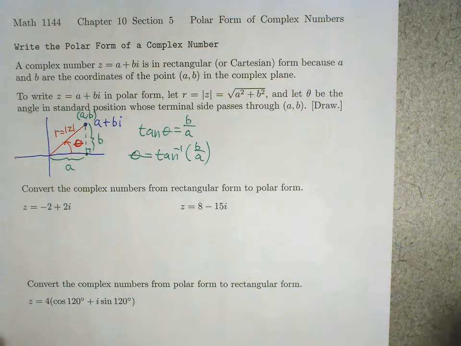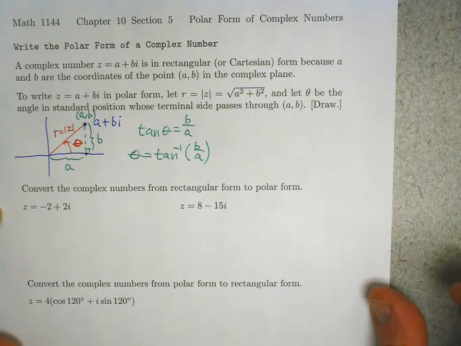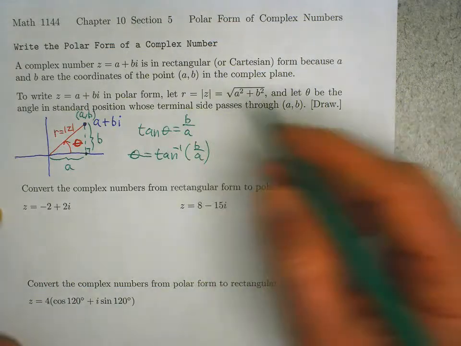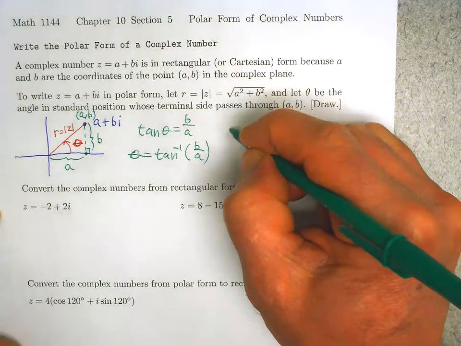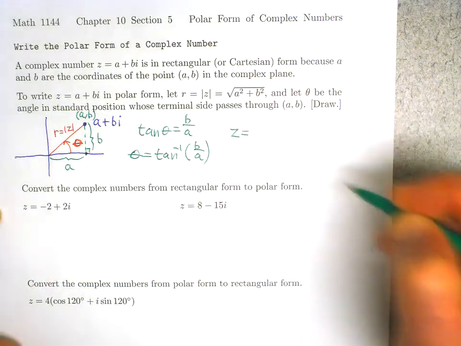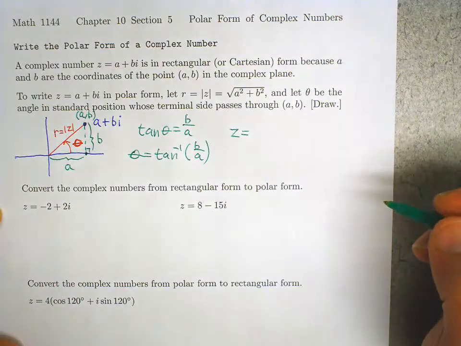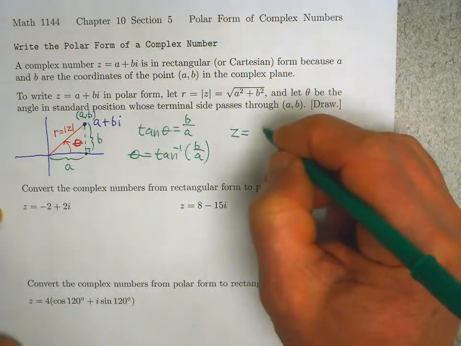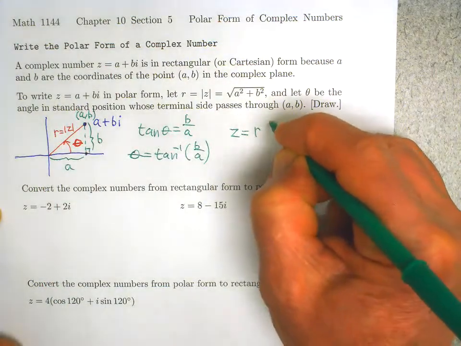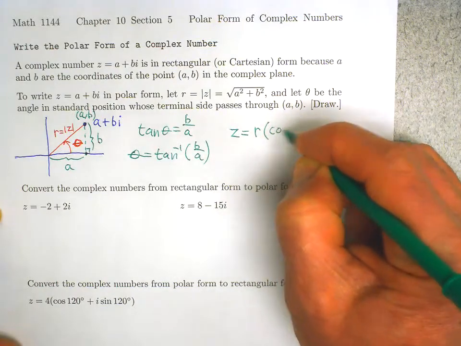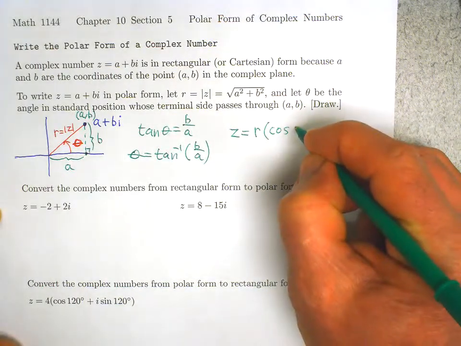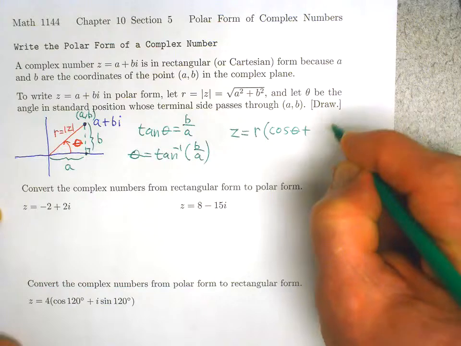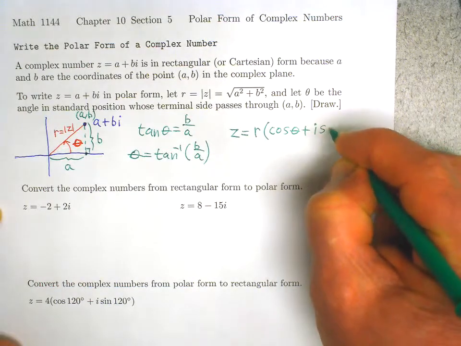Okay, so the polar form is z equals the modulus r times cosine of theta plus i times sine theta.